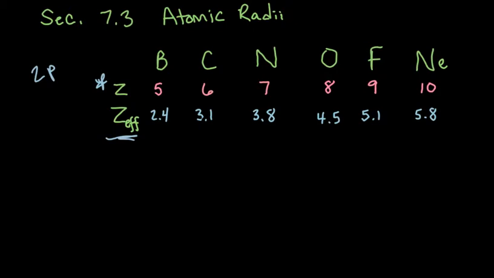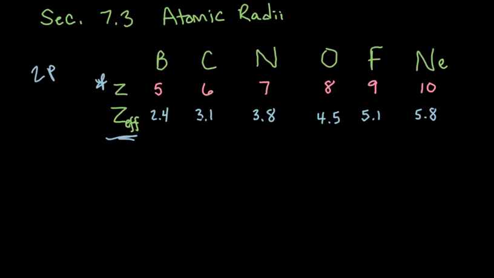And as it turns out, our Z effective is going to increase as we go from left to right within the same period on the periodic table. You can see here the data shows that boron has a Z effective of 2.4 and neon is 5.8.